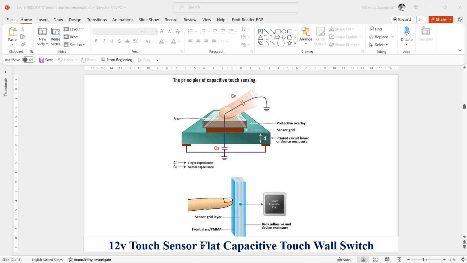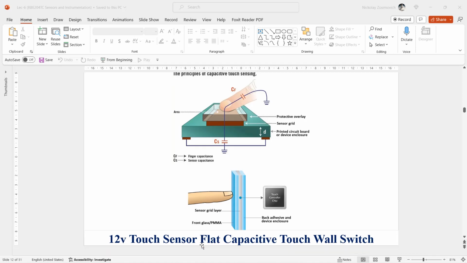A disadvantage of the configuration shown in the previous figure is the electrical connection to the moving plate required for the supply and transmission of the measurement signal. And this figure shows the configuration without the need for such a connection.